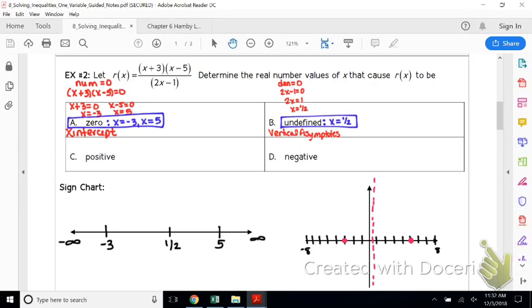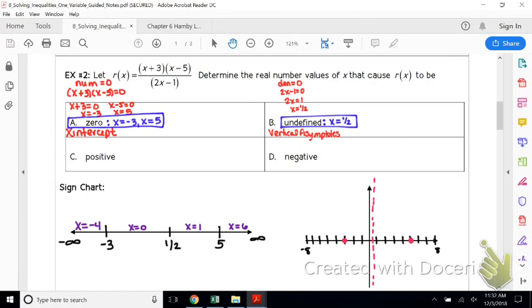And so we're going to pick an x value in each interval. So I need a number between negative infinity and negative 3. Between negative 3 and 1/2, 0. Between 1/2 and 5, 1. And 5 to infinity, 6.